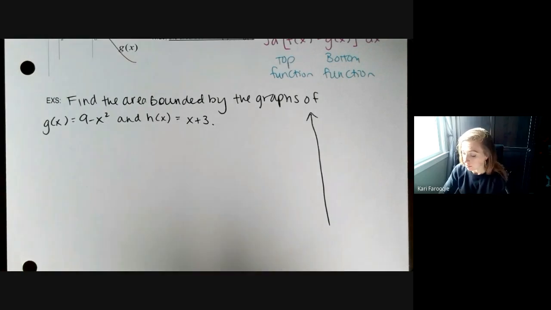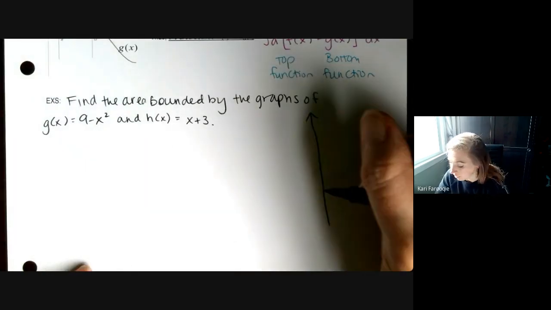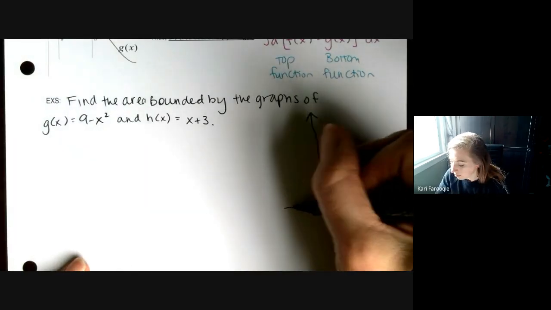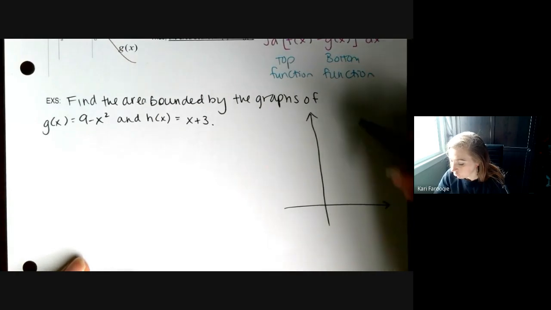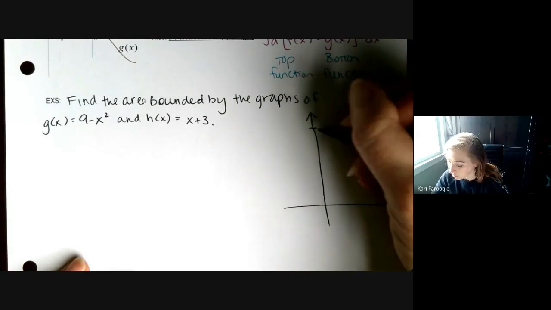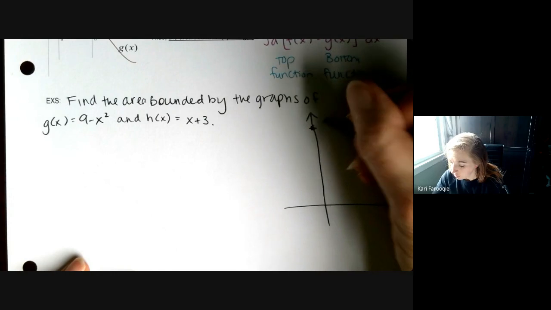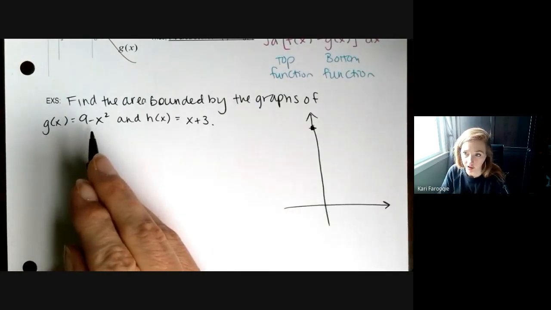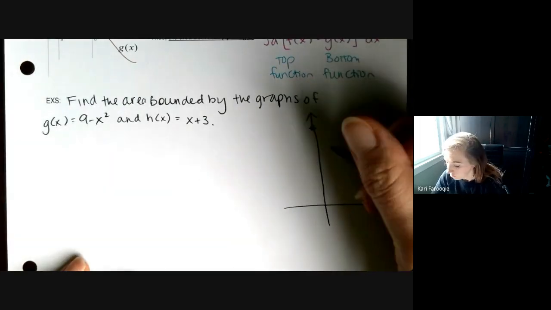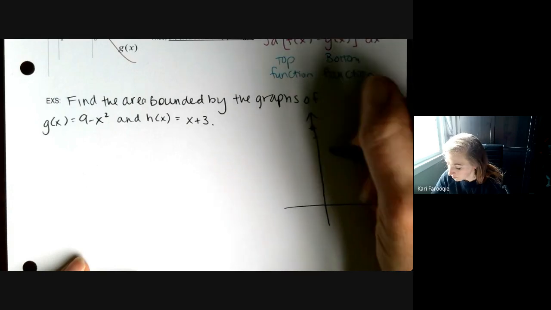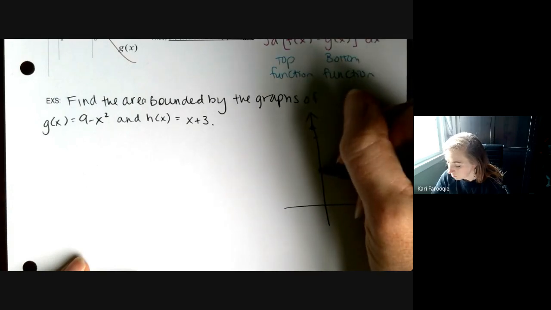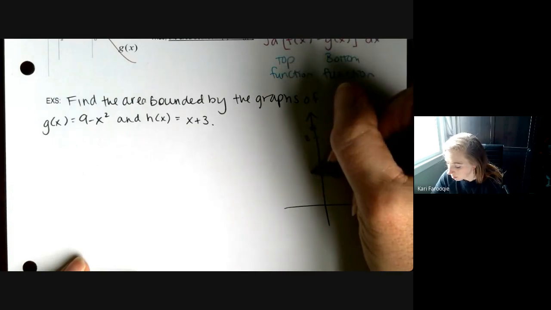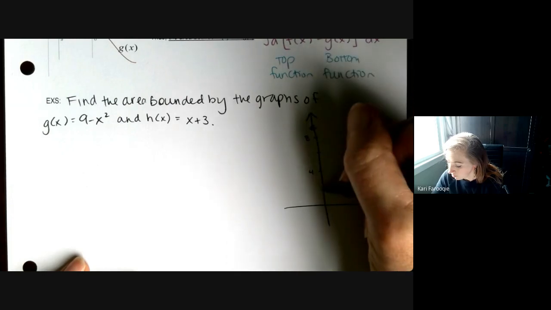And another thing you're going to have to do is figure out where these two intersect. Now, I'm going to go ahead and just do a quick sketch. So 9 minus x squared, if x is 0, g of x is 9. And then this is just your standard parabola. That's going to be 8. So that means this will be 4, 6, 2.